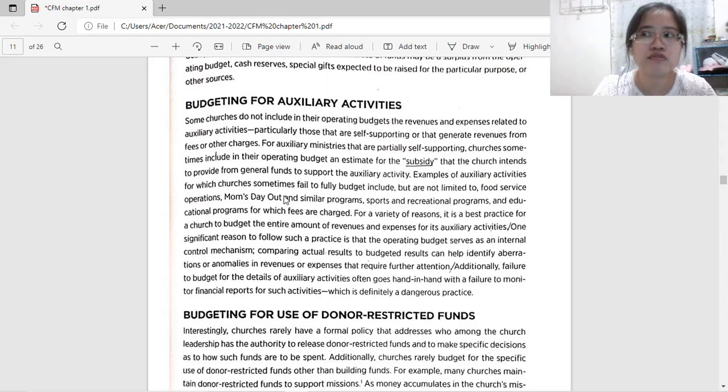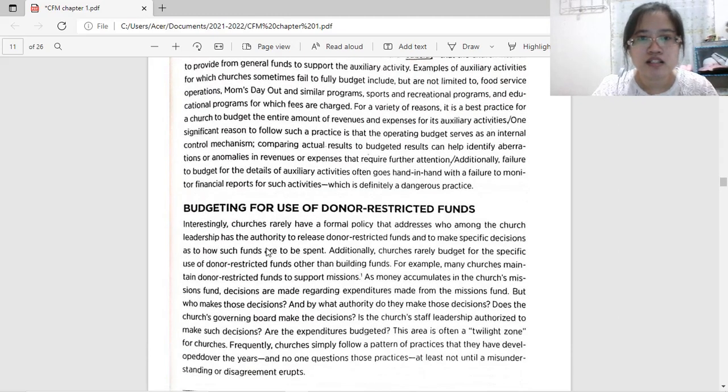So instead of taking it out of the general fund, they would ask the members, during a service or during the prayer meeting, to have another contribution or another offering for that particular purpose, right? Although, of course, the church would have a separate budget for when missionaries are asked to preach during service or during prayer meeting. So there is that.